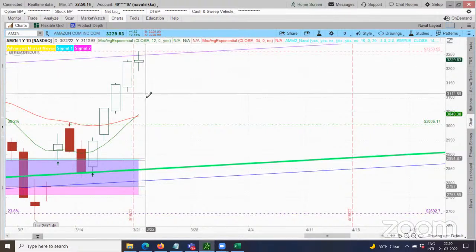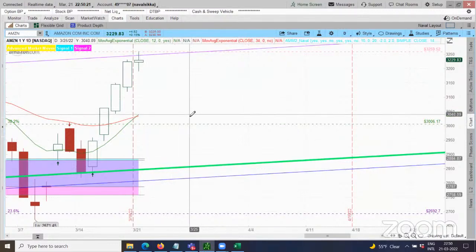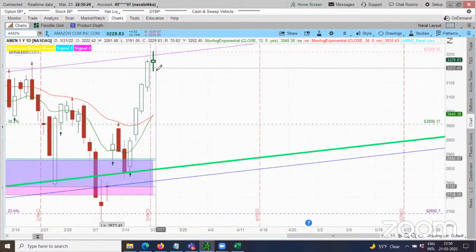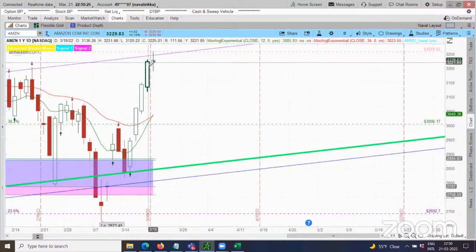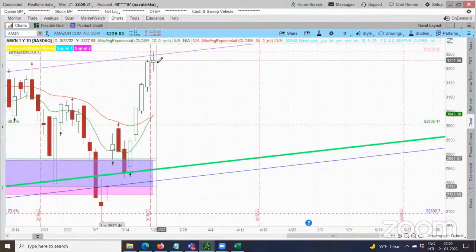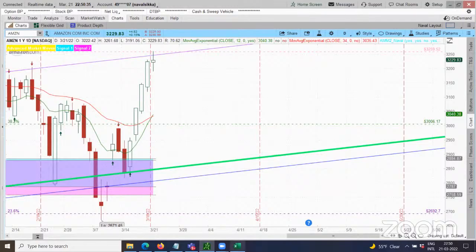Now, either it will come down with the market and test 30.40 because there's a reasonable difference between the EMAs and the candle. It's setting up for a potential evening star. Again, I don't know about the market, but I would only buy this above 32.60 now.